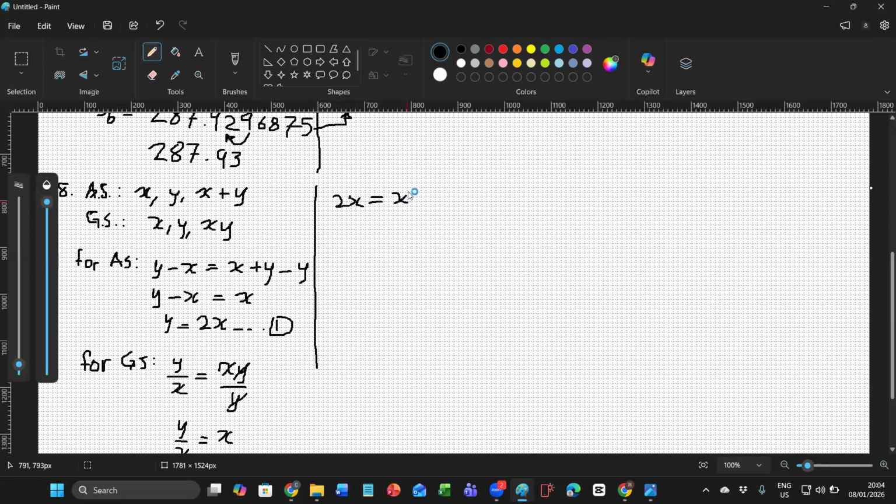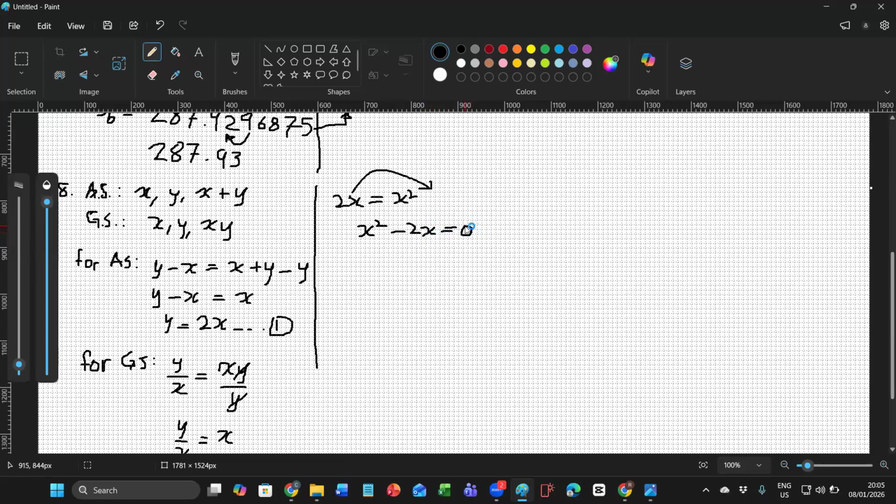Okay, so still the quadratic equation that will form, I'll move 2x to this side, so it will become x squared minus 2x equals 0.